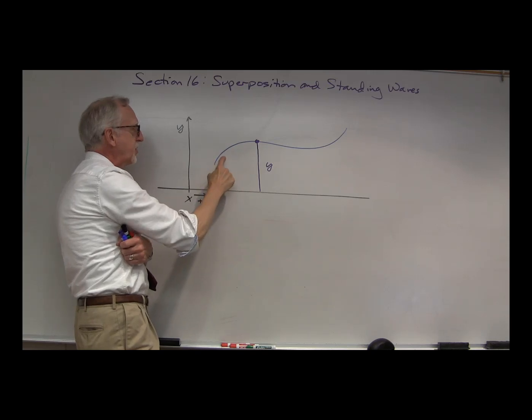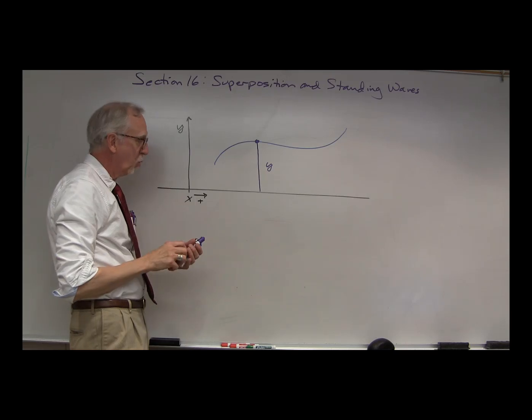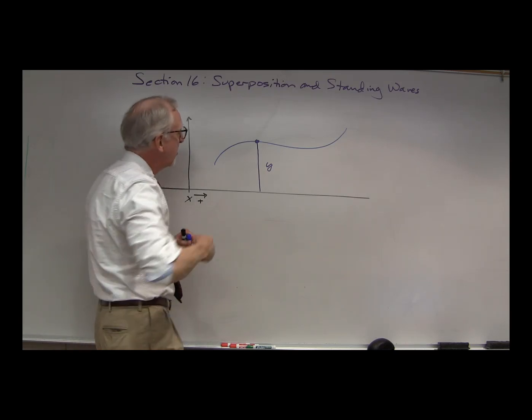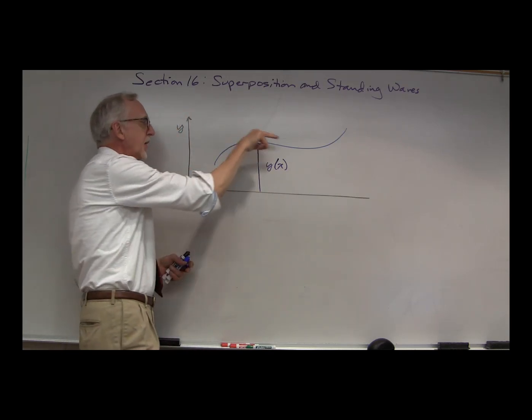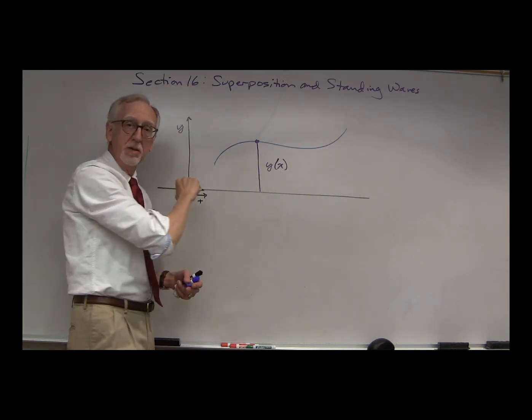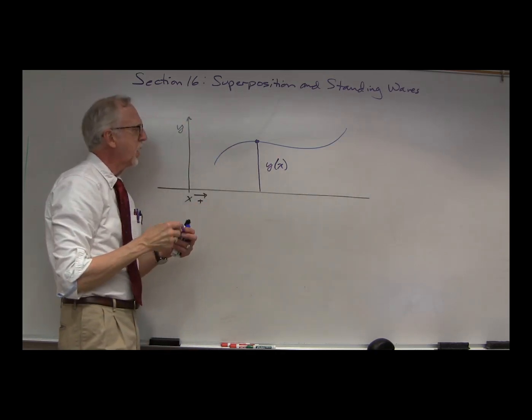Now we notice that the displacement y depends on where we are along the x-axis. So y is going to be a function of x, with different heights for the chain, for the medium, at different positions along the x-axis.